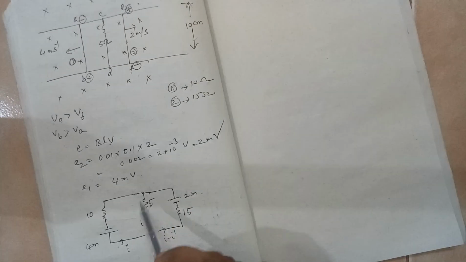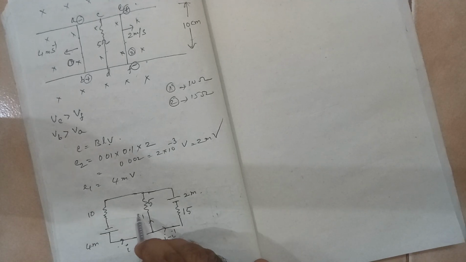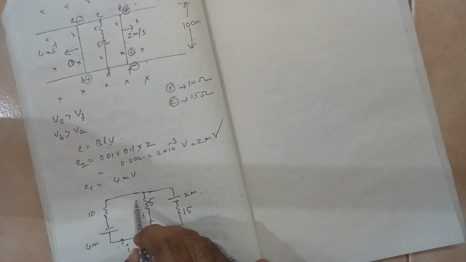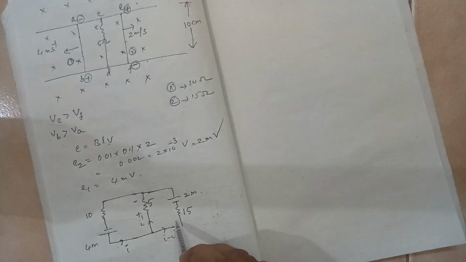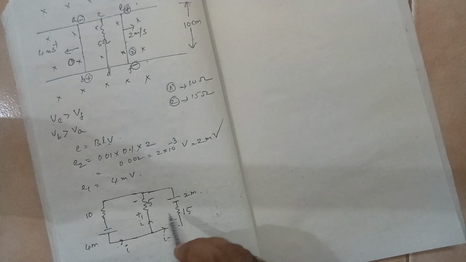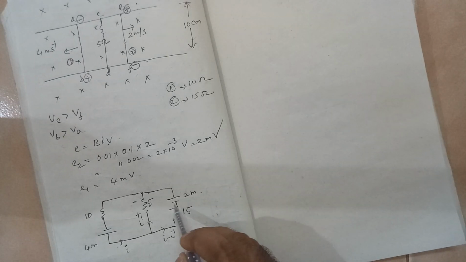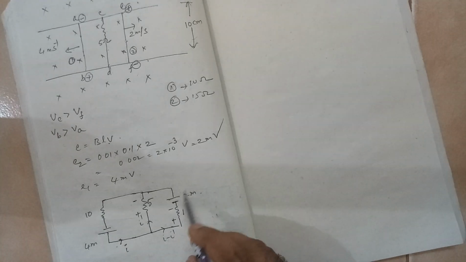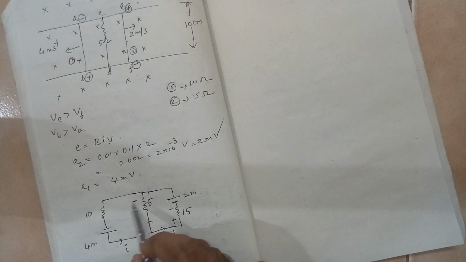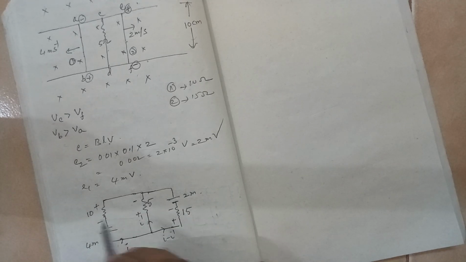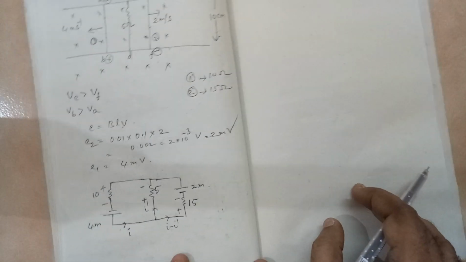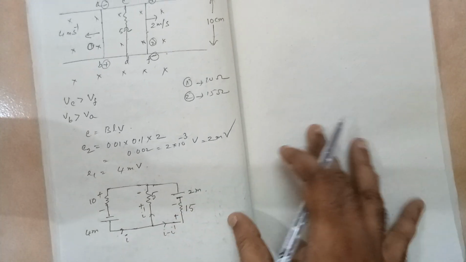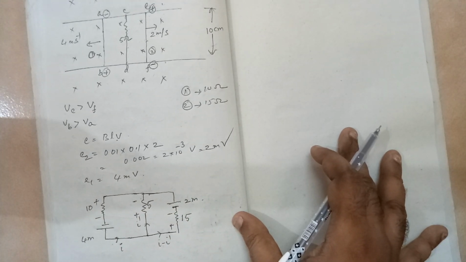Because it is going in this way, this will be the higher potential, lower potential, and the current movement is this way, higher potential, lower potential. This small line means minus, bigger line means plus, and when you come this way it is plus minus. This type of marking helps us when we apply the Kirchhoff rule.